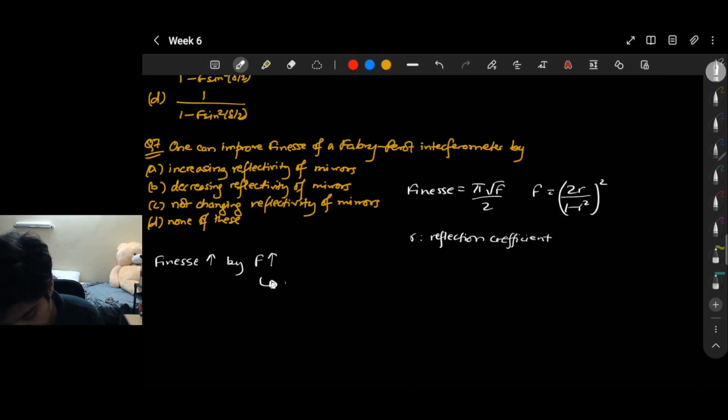This will happen when r, the reflection coefficient, increases, because if r increases, the numerator will increase and the denominator decreases, which means the overall ratio increases. And to increase r you have to increase reflectivity.